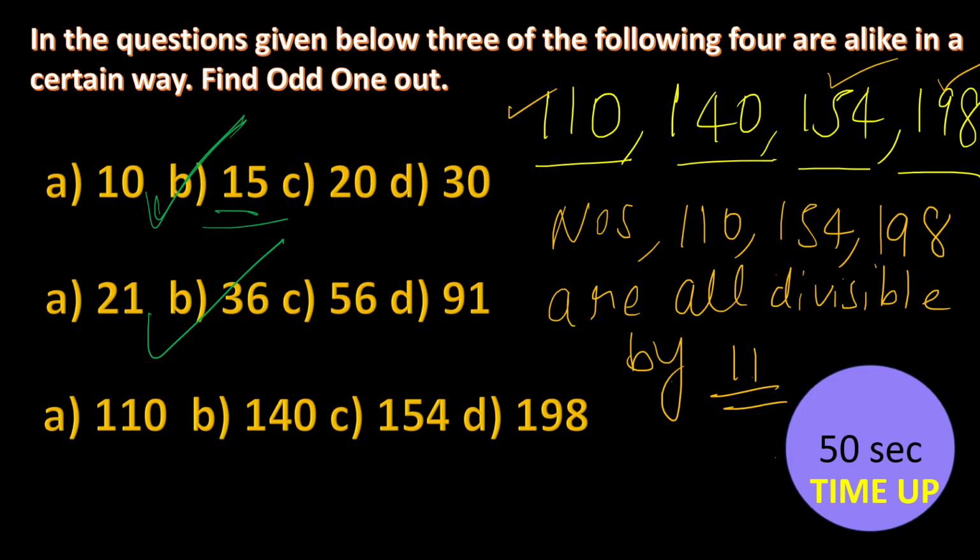But if you take 140, it is not divisible by 11. Correct? So that becomes odd one out. 140 is odd one out.